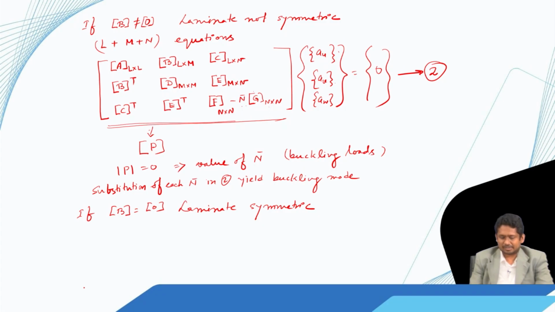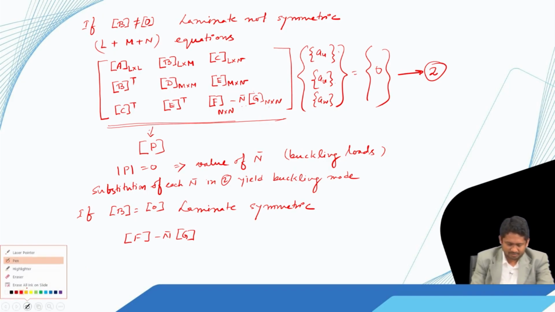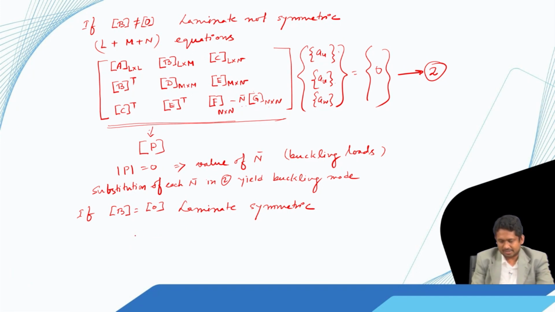So, if I separately solve the third equation, I get F minus n bar into G, multiplied by the vector AW.